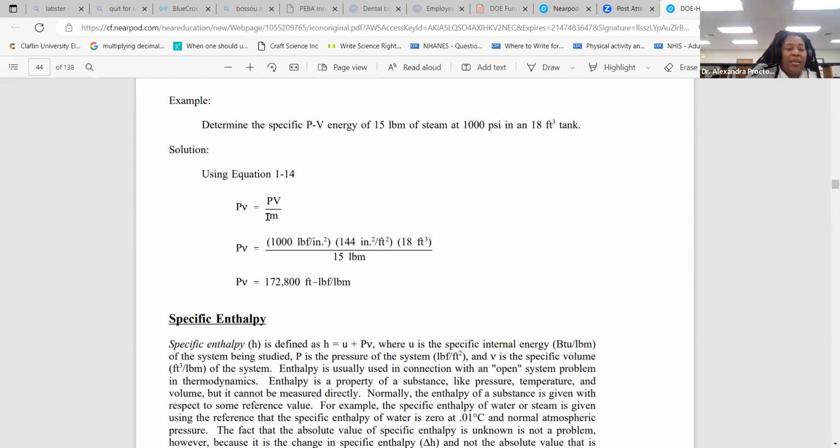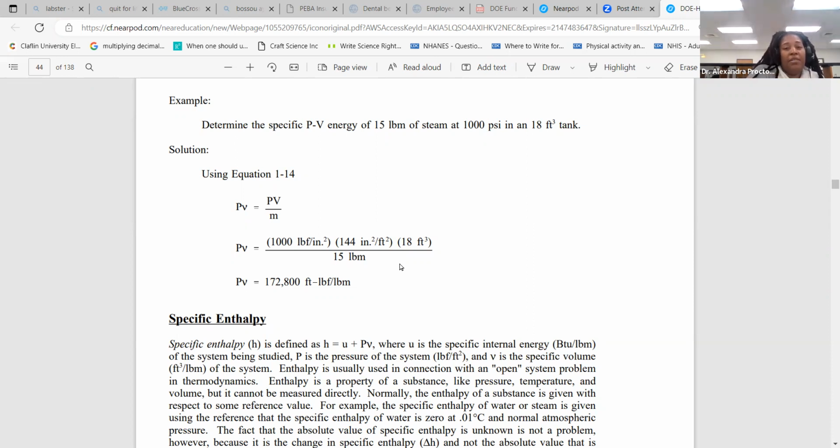Okay, so for PV, we have a pressure of 1,000 PSI. And they give you a conversion factor, which they're assuming that you know, the 144 inches squared per foot squared.